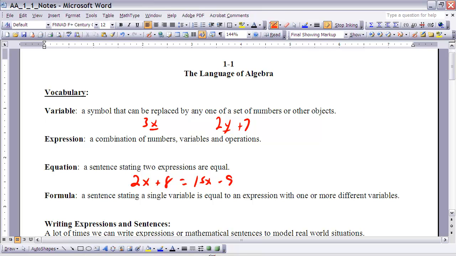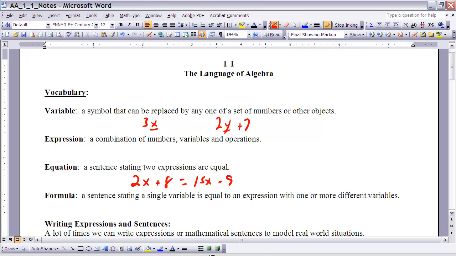Okay? And the fourth and last term that I want to talk about right now is the idea of a formula. A formula is a sentence stating that a single variable is equal to an expression with one or more different variables. You've encountered a number of formulas either last year in geometry or also in algebra a couple of years ago.